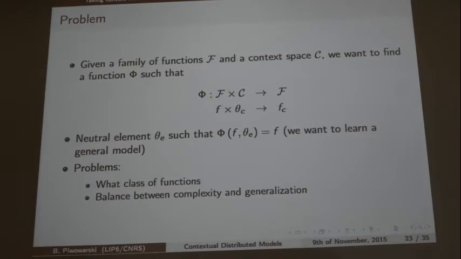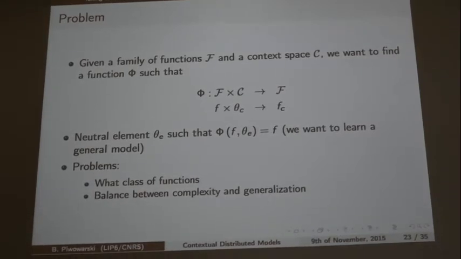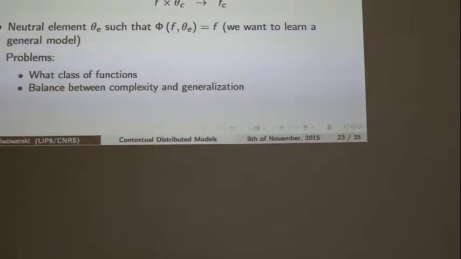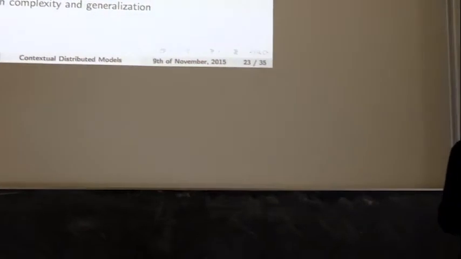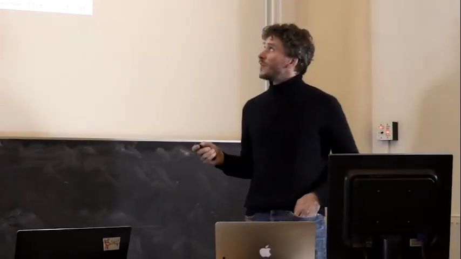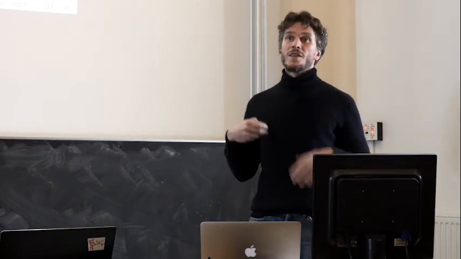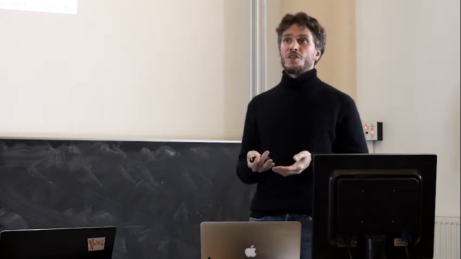So basically, in the model that I'm working on, which is based on the Le and Mikolov approach, I started by first trying the model as it is, and then trying to play a bit with that kind of idea. Roughly, the problem setting is the following. You have a family of functions, which are all the functions that correspond to your generative process.